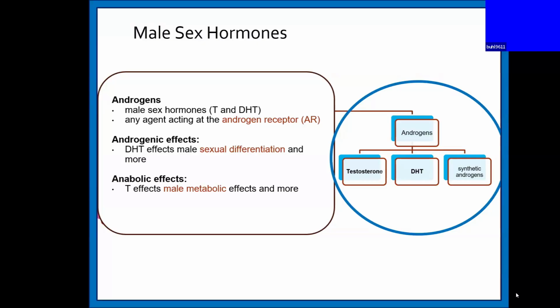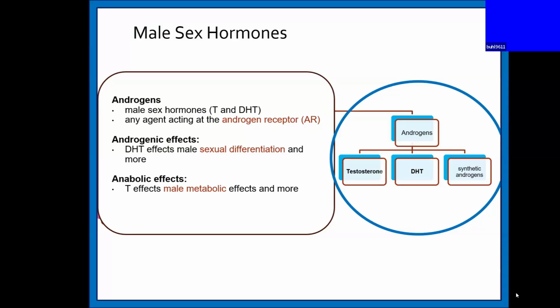So androgens are any agent acting at the androgen receptor. As you act at the androgen receptor, you can have two different types of effects. You can have androgenic effects and you can have anabolic effects. They're both effects from the androgen receptor. Androgenic effects are coming mostly from DHT, and that's mostly the sexual differentiation tissue effects.